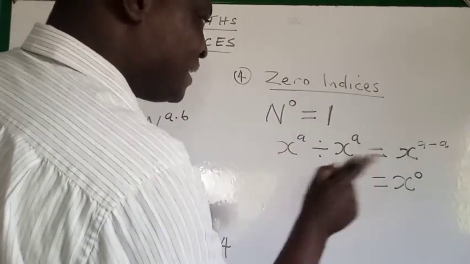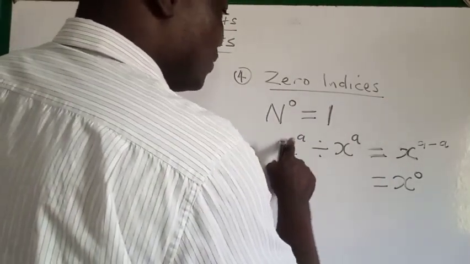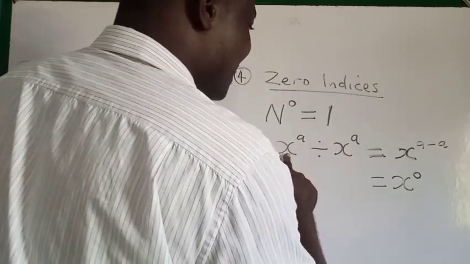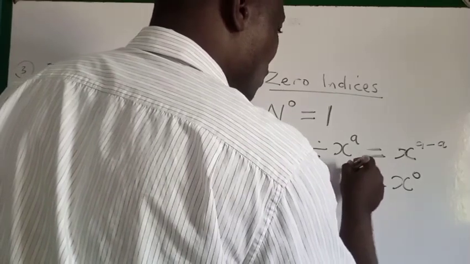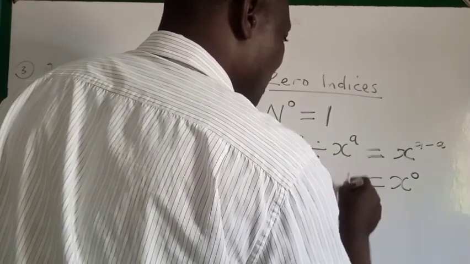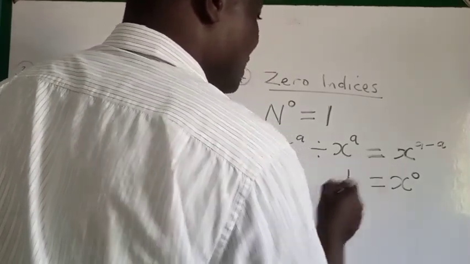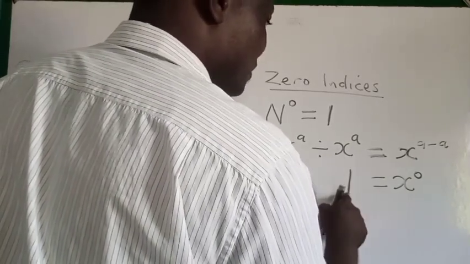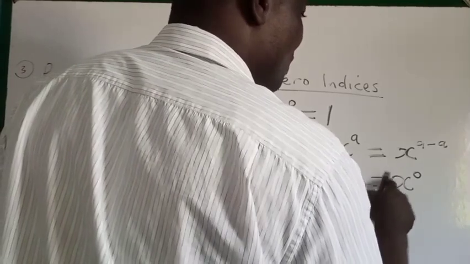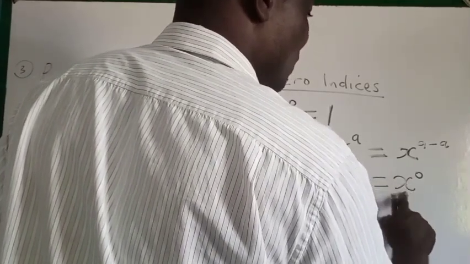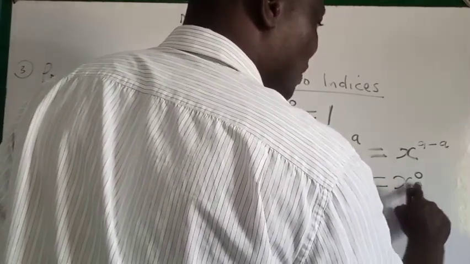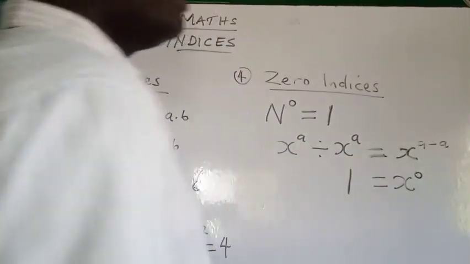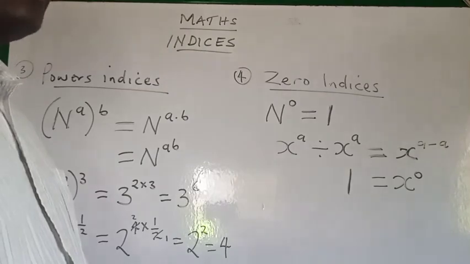We have said that when a value divides itself, it is equal to 1. So this divided by this is equal to 1. Which shows that the left hand side, which is equal to 1, is equal to the right hand side, which is the unknown raised to power 0. So anything raised to power 0 becomes 1.